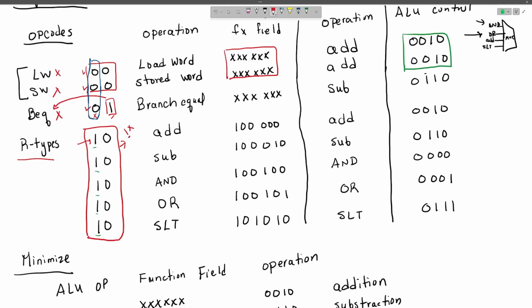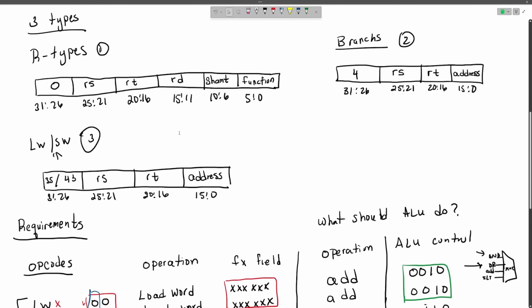And we don't have to worry about the 1-1 condition because it's never going to happen. Remember, this depends completely on the word instructions.